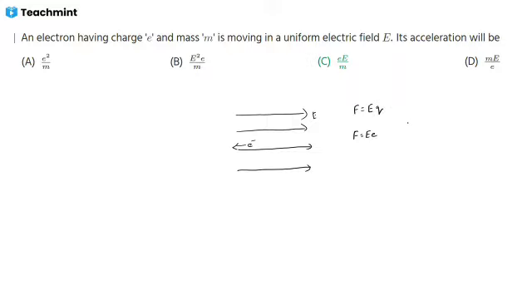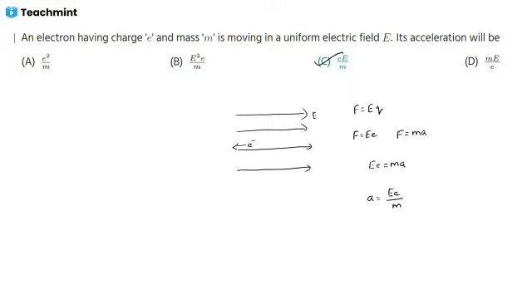Now according to Newton's second law, the acceleration produced in the charged particle because of the force, which has some mass m, is given by F is equal to ma. If you equate these two equations, E into e is equal to m into a. So acceleration is given by E into e divided by m. So we can go with option C.